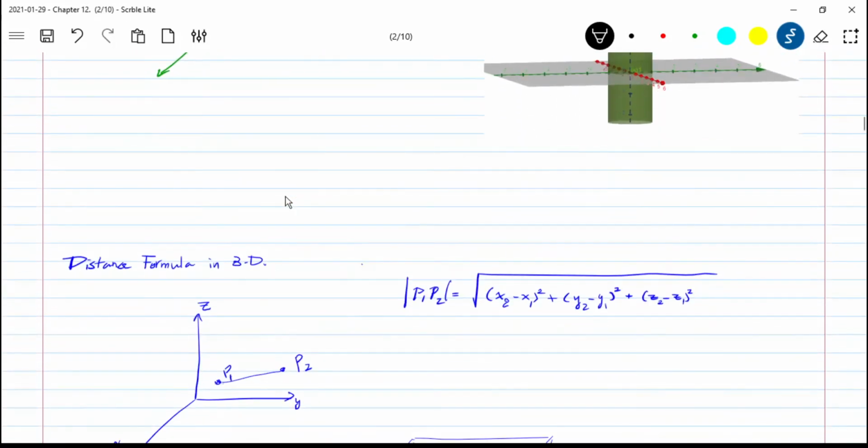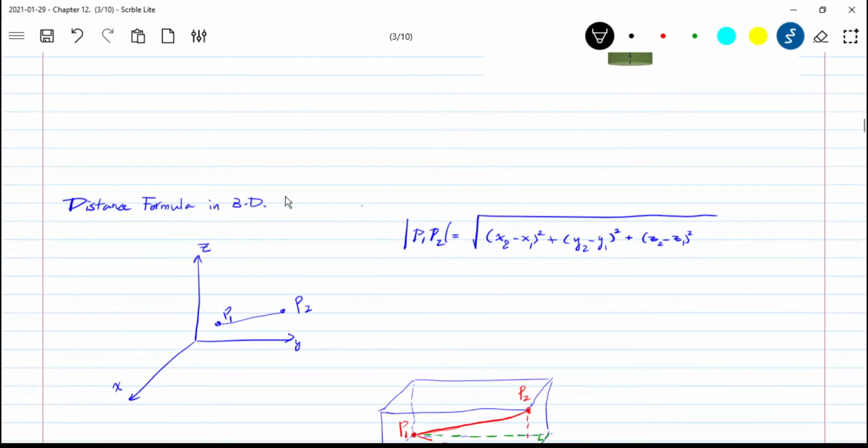Okay, now what we focus on is the distance formula for the moment, because we will need it later on. We know already the distance formula in 2D. What is the distance formula in 2D? If you have 2 points and you're going to find the distance between them, let's say point 1 has the coordinate x1 and y1, point 2 has the coordinate x2 and y2.